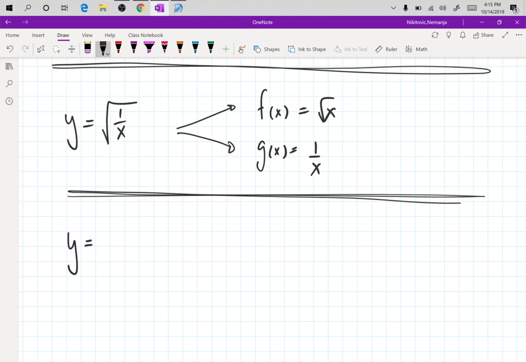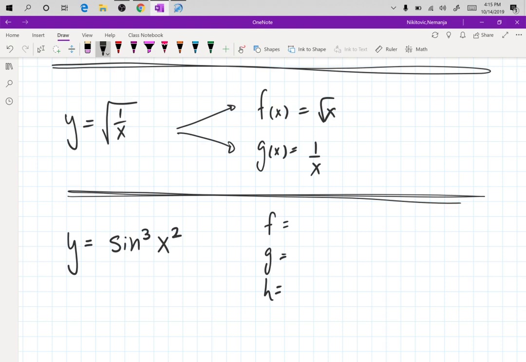Let's take a look at a spicier case. How about sine cubed of x squared? Because we can. How many functions do you see in the pile? 3. Very good. We see f, g, and h of x.